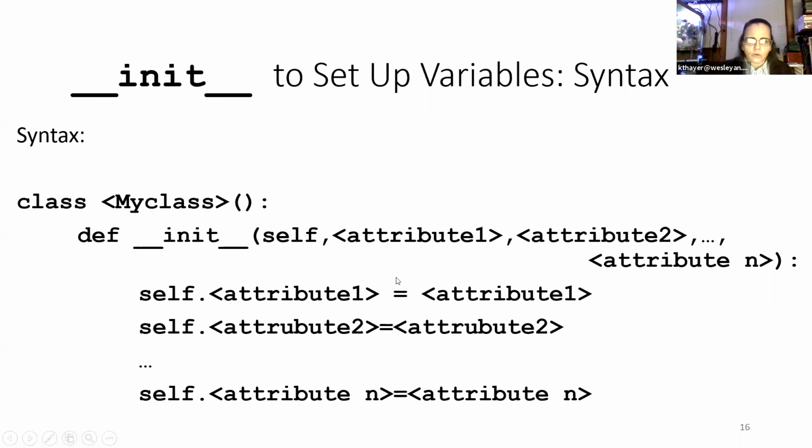Then we're going to actually go ahead and initialize those attributes. The way that it works is we do this self dot, because this means that this particular instance, whichever one we're going to make in the future, is going to have some attribute 1, which needs to have the value that we specified.